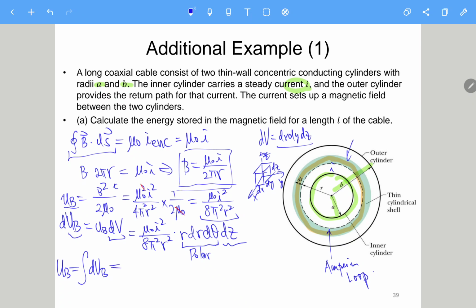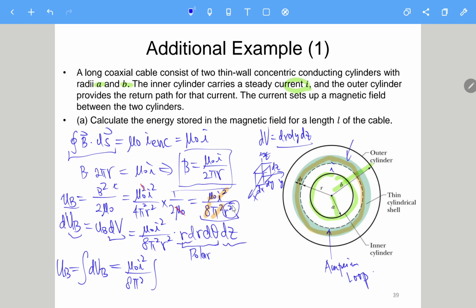So it is like mu0 I square over 8 pi square. Okay, referring to this one and this one, this r square is related to this one, so we cannot put it out. Inside the integration, we should have this r square and then this r.